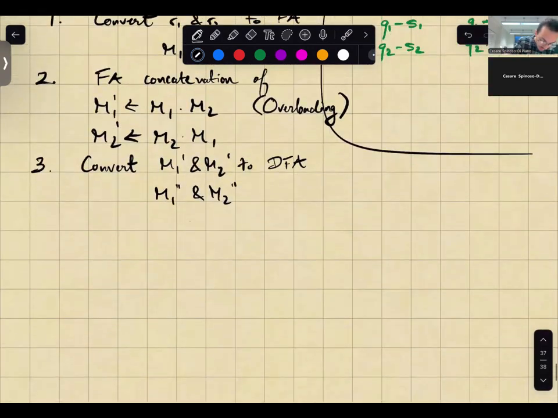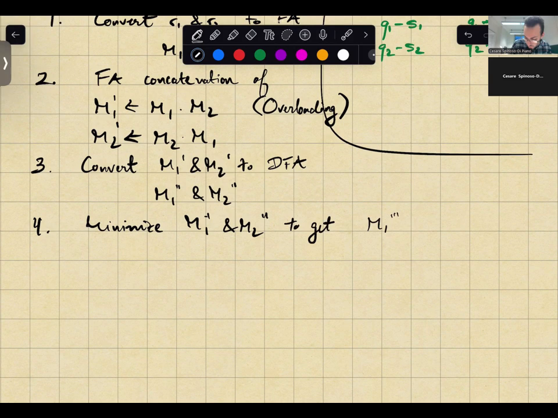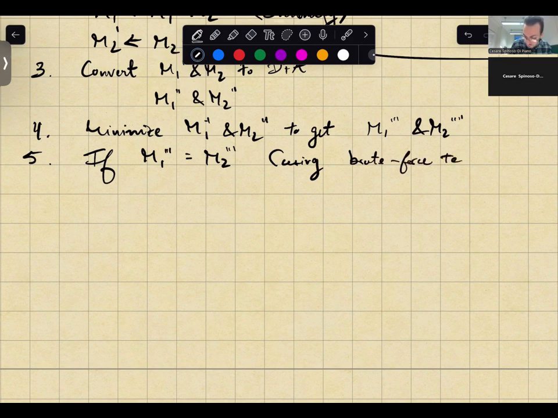Then I'm going to minimize M1 double prime and M2 double prime to get triple prime. So M1 triple prime and M2 triple prime. And then I'm going to check if M1 triple prime is equal to M2 triple prime using the brute force technique or the graph isomorphism technique.